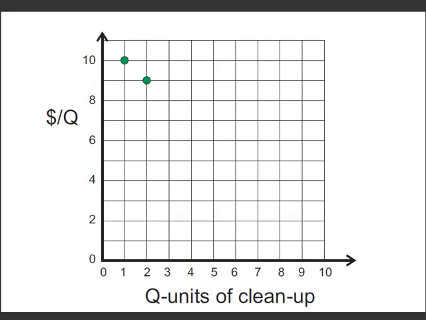It typically follows that as the quantity of cleanup increases, the willingness to sacrifice to get an additional unit of cleanup tends to fall. So once we've already gotten 1 unit of cleanup, he or she would only be willing to pay $9 to get the next unit, $8 to get the third unit, and $7 to get the fourth unit.